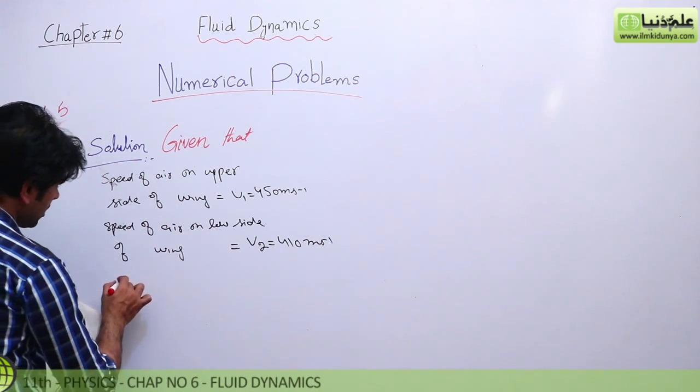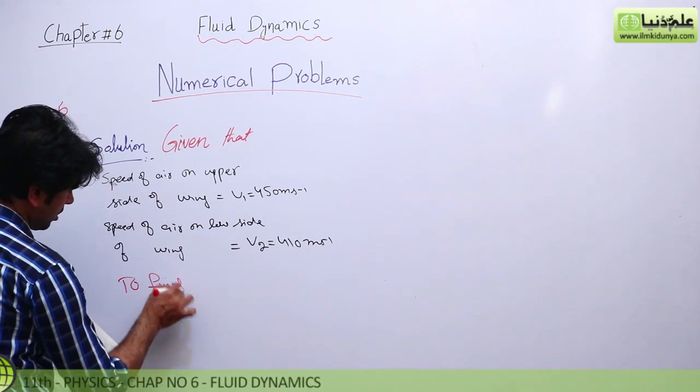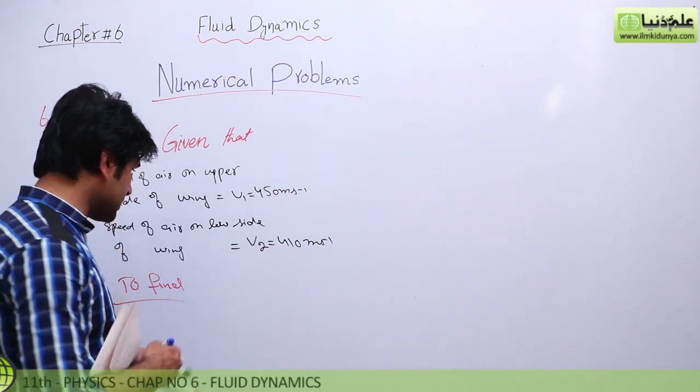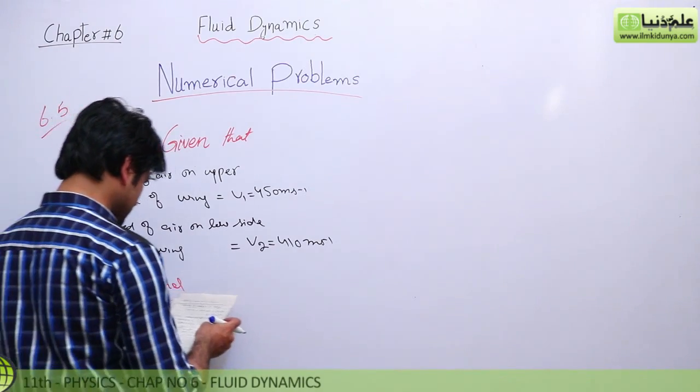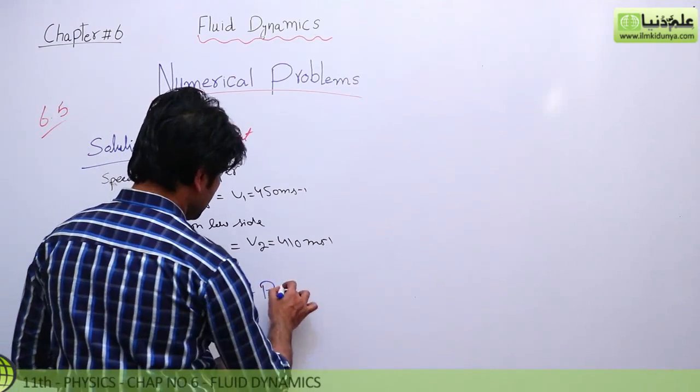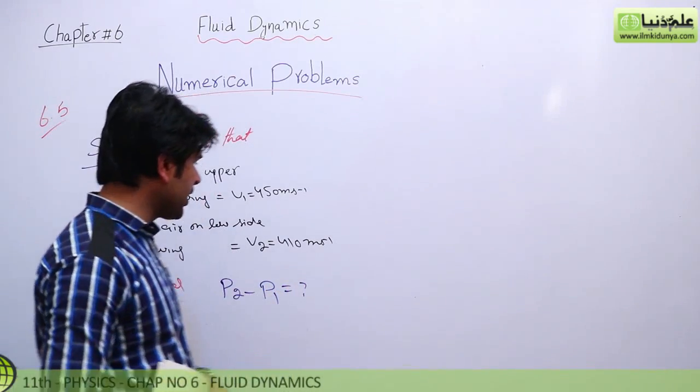Meaning to say, to find, here we will have to find out the pressure difference. You can write as pressure difference as P2 minus P1. Here is the quantity we will have to find out.